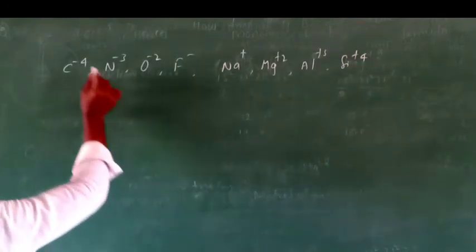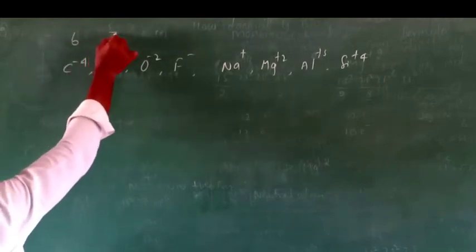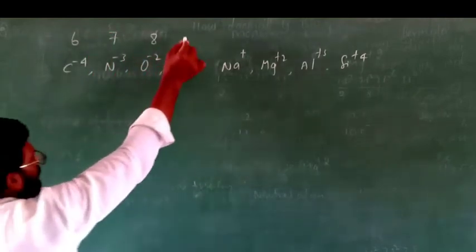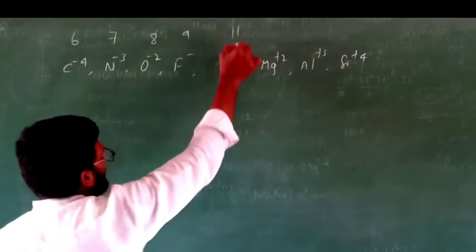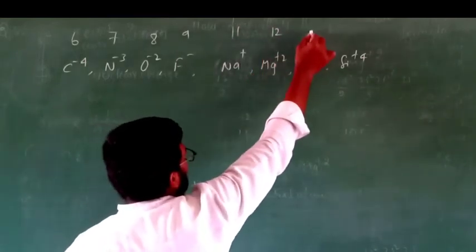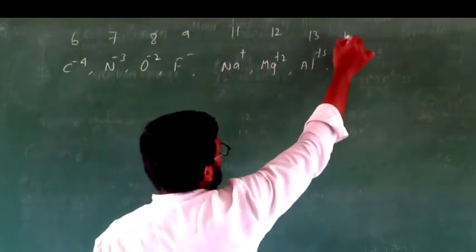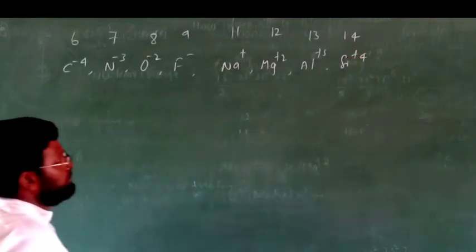Here, what are the atomic numbers of these species? Carbon 6, nitrogen 7, oxygen 8, fluorine 9, sodium 11, magnesium 12, aluminum 13, silicon 14.